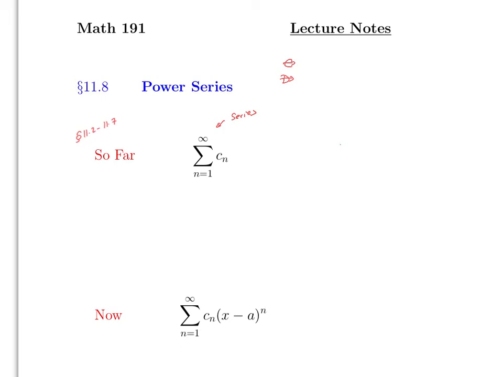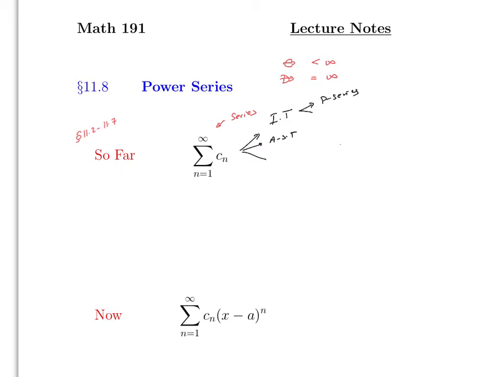Remember, convergent pretty much meant that the sum was less than infinity, and divergent that it was equal to infinity. We use several tests to do this. We use the integral test, the alternating series test. The integral test, remember, gives us the P series.